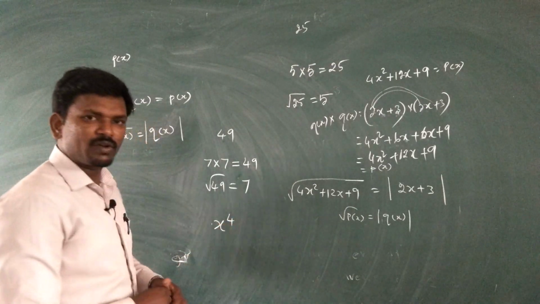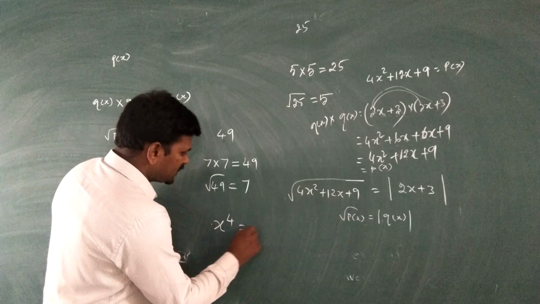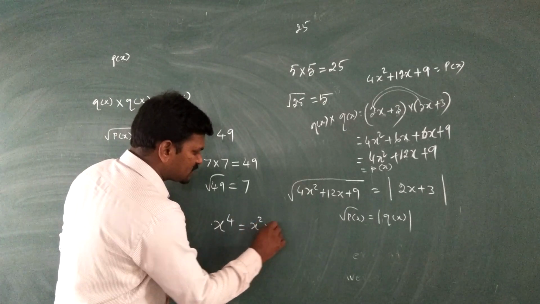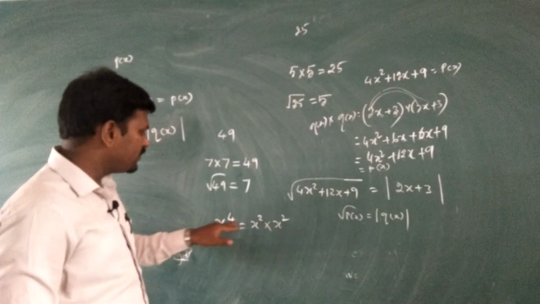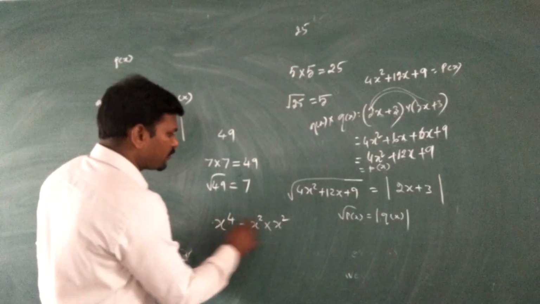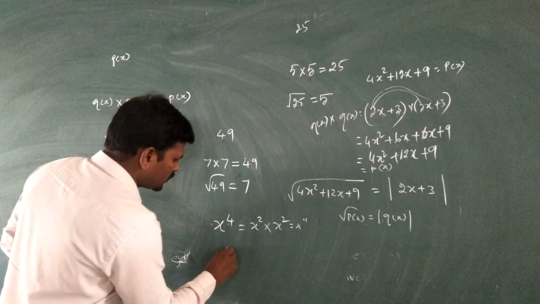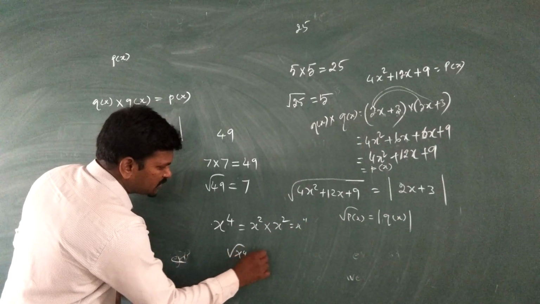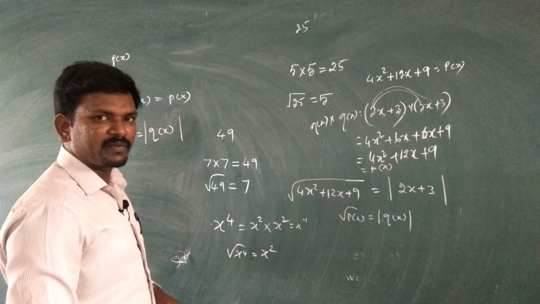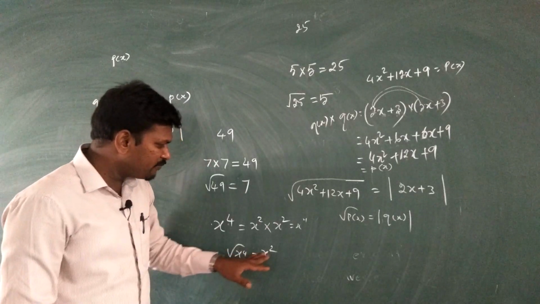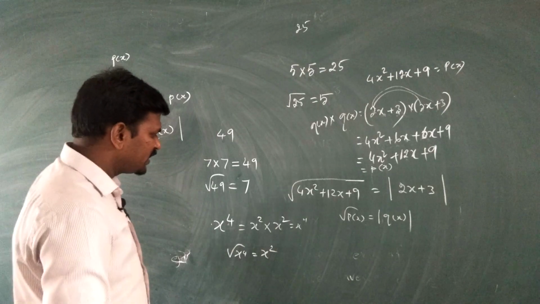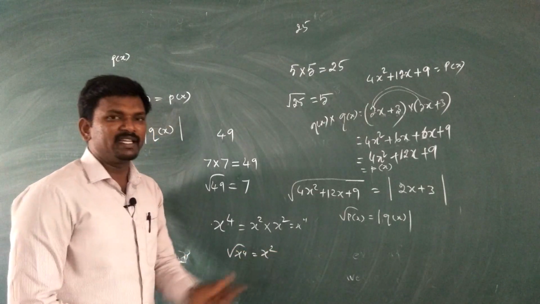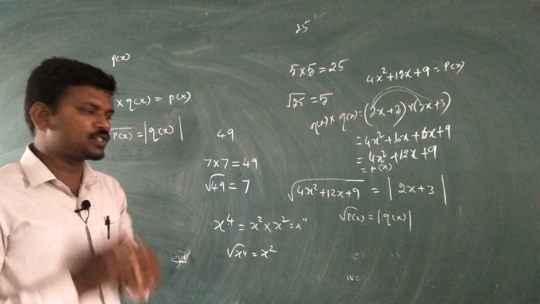Is this a perfect square? If we multiply x square by itself, it gives x power 4. So the square root of x power 4 is equal to x square. So in this type of monomial, if the exponent is even, it must be a perfect square.